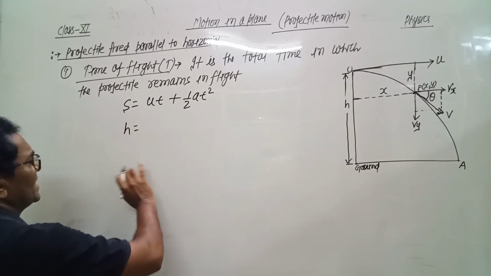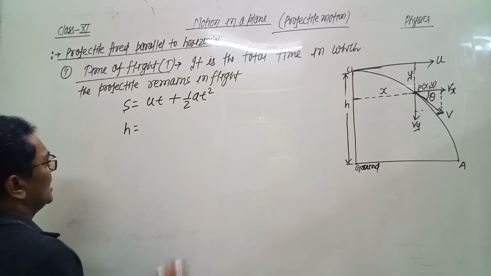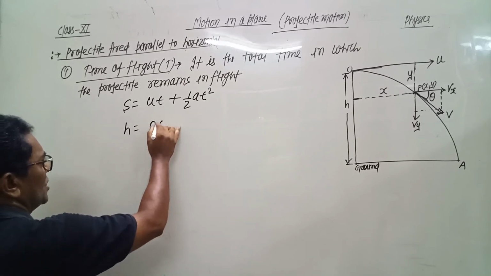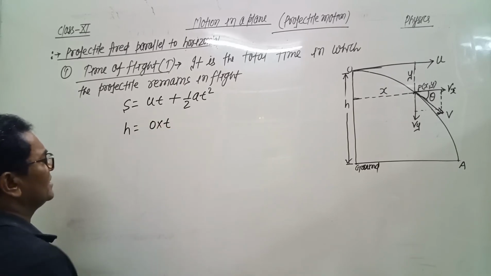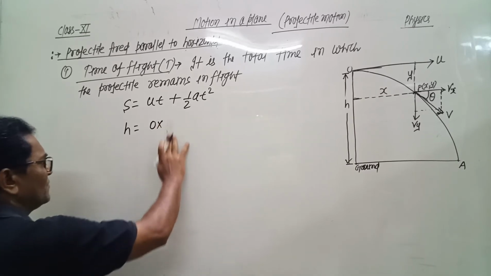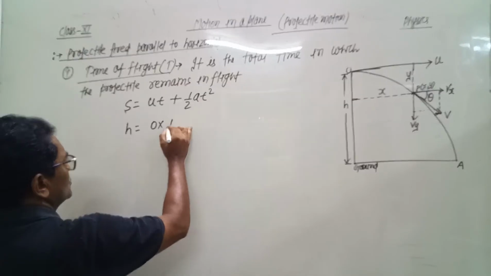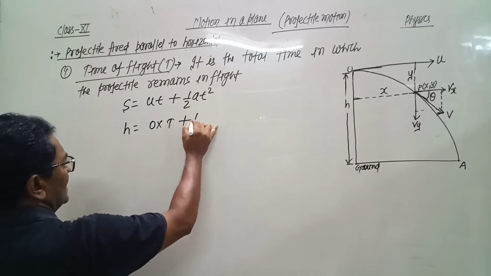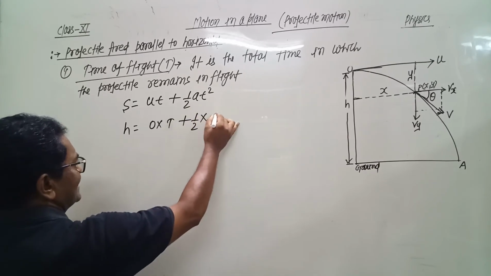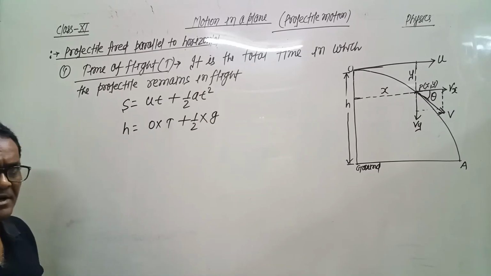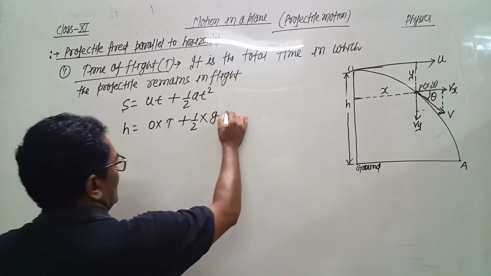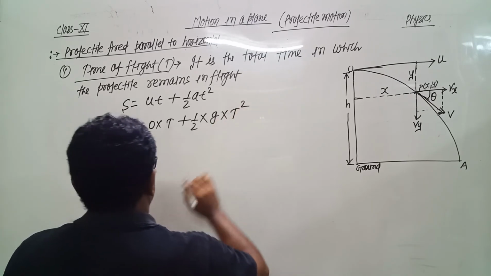So in place of s we use h, and u becomes 0 because the vertical velocity is 0. For time of flight we use capital T, and acceleration a is the acceleration due to gravity g, into capital T square.